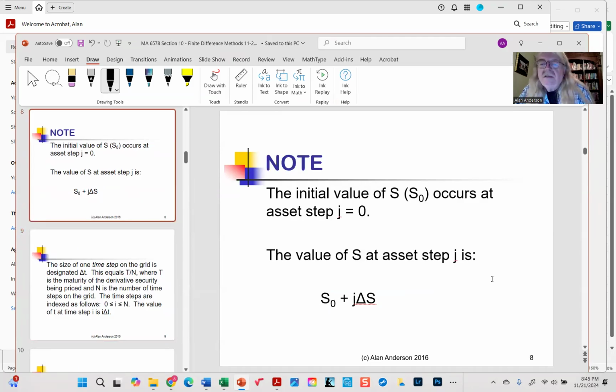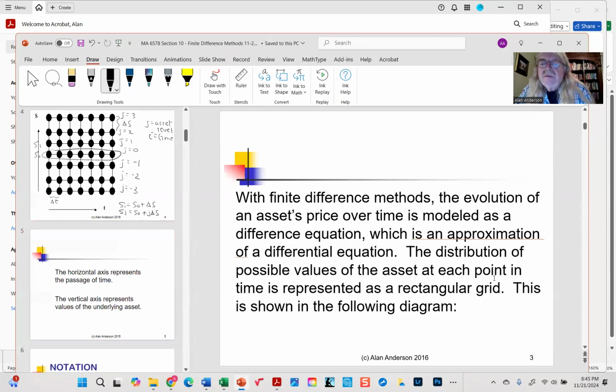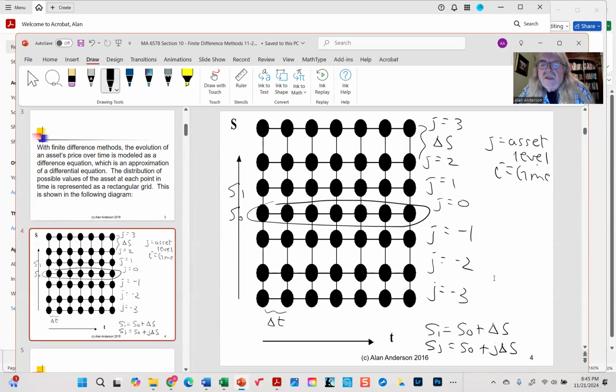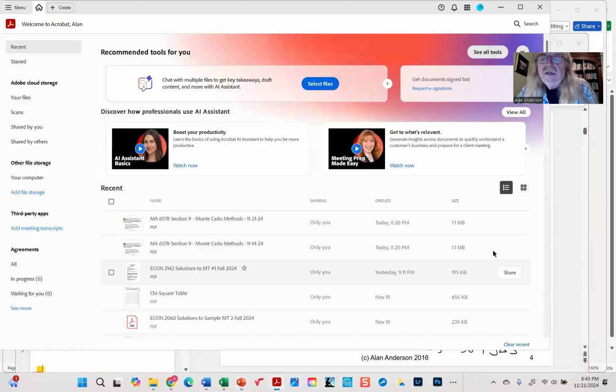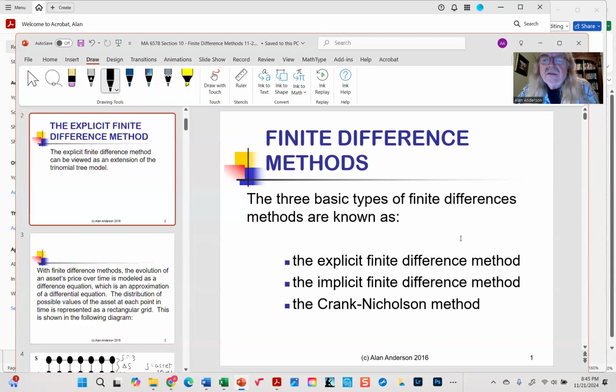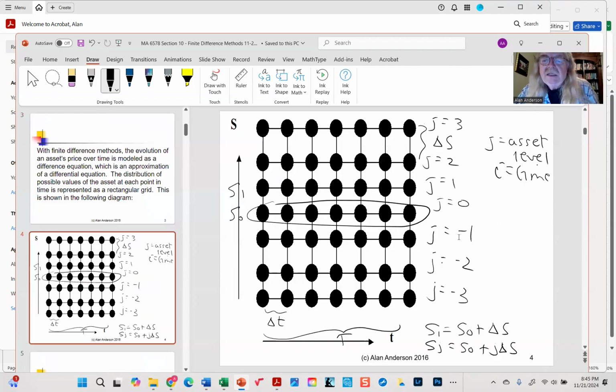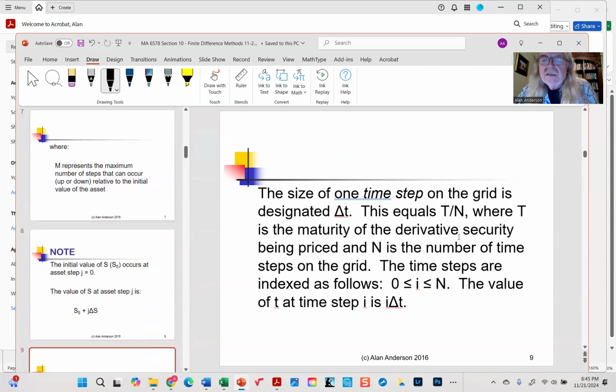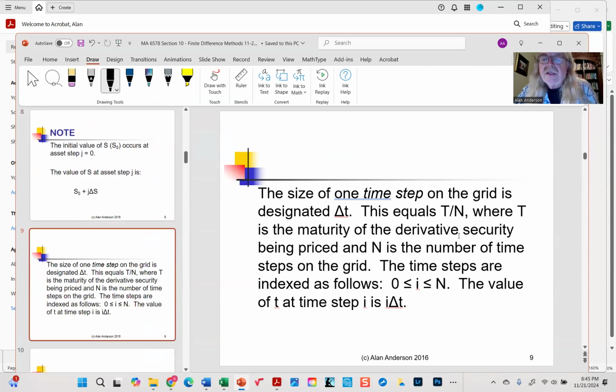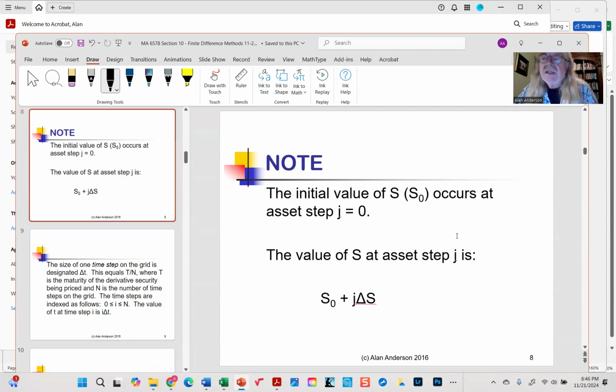Delta T is the size of a single time step. We're going to use the capital letter T to be the total time until the end of the grid. And then capital N is the number of time steps. Okay. Now, of course, time can't go backwards.